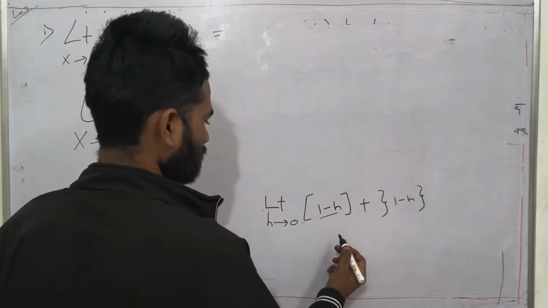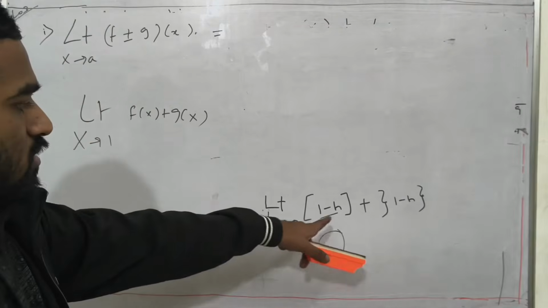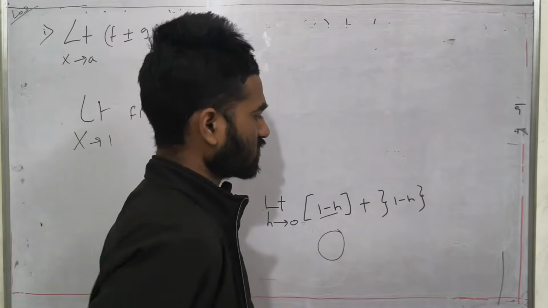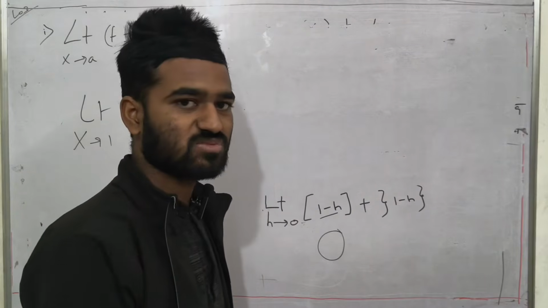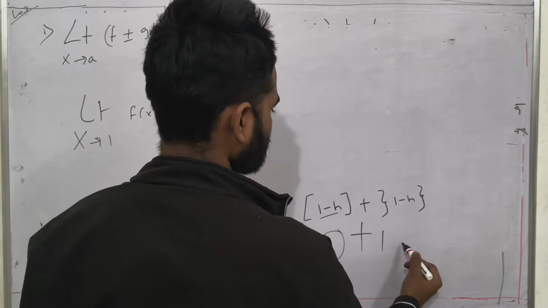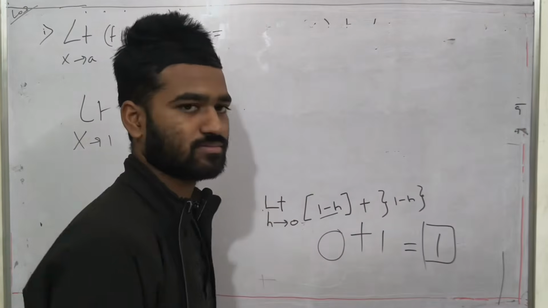Okay, so this is 0. Similarly, limit h tends to 0 of flower of 1 minus h. Since h tends to 0, the value must be 1. ठीक है, समझ में आ रहा?